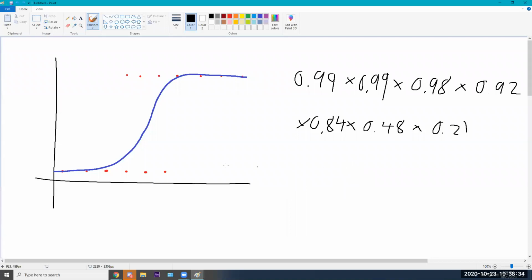And so here, since it's trying to predict the probability of the mouse not being obese, it gives a 0.9 probability that it is obese, which means that it gives a 0.1 probability, 1 minus 0.9, that it's not obese. And so, we add that, or no, we don't add that. We multiply that.